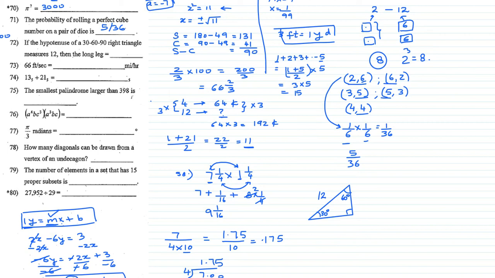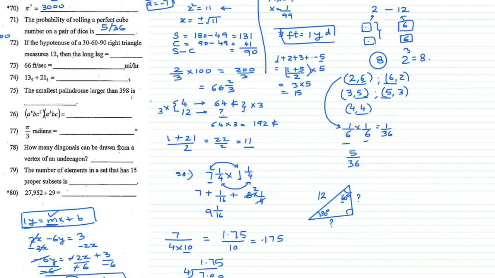The long leg is opposite to the larger of the two angles. So 60 degrees is larger than 30 degrees, so the long leg will be this one, and the short leg will be opposite to 30 degrees. So this side will be the short leg.